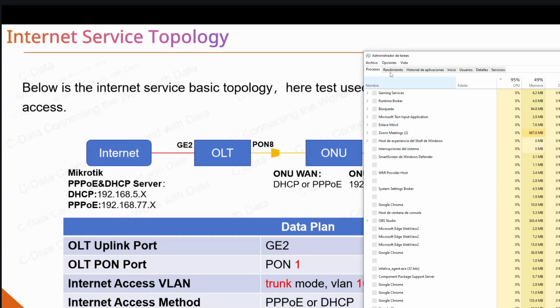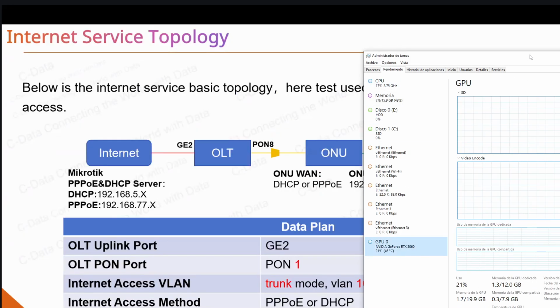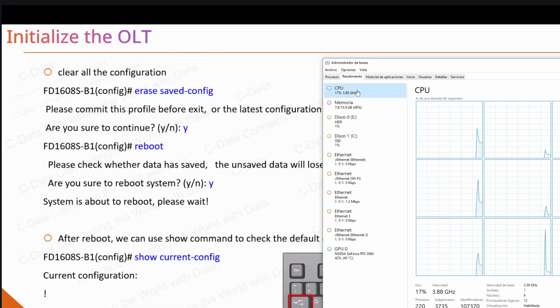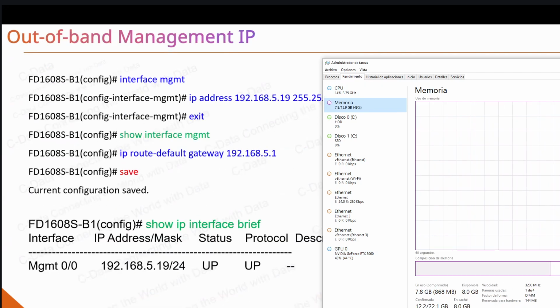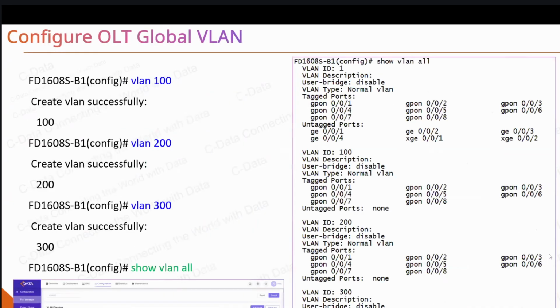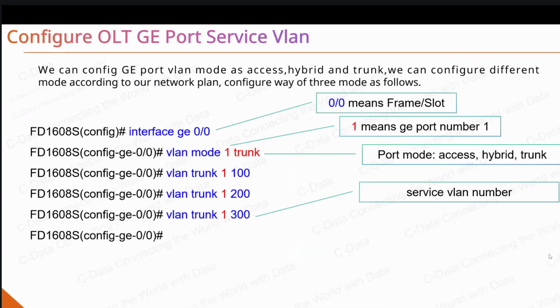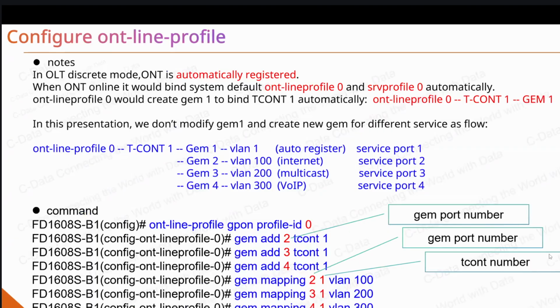Not this one, it's from here. Wait a minute. This one is the VLAN. This one is the interface mapping. This one is the line profile. Okay. So first, we create the line profile.